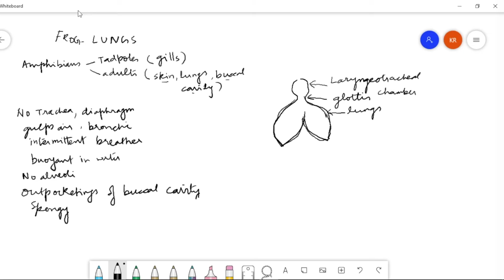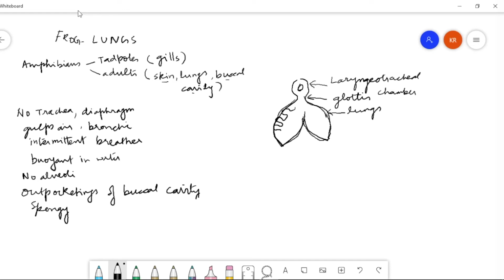Okay, so this part is the glottis. This is the laryngotracheal chamber. That means where the mouth opens, that entire chamber, and this is the glottis. And in these lungs, they are just divided in some cases into transverse pouches like this.